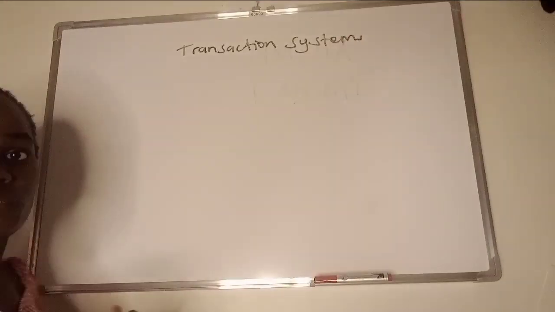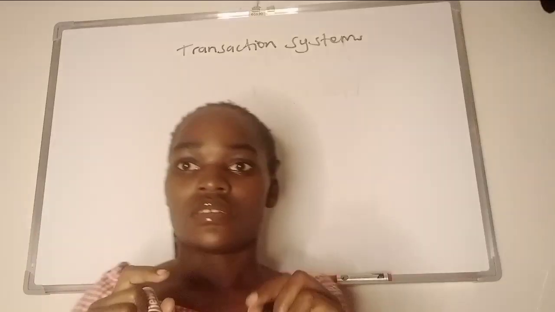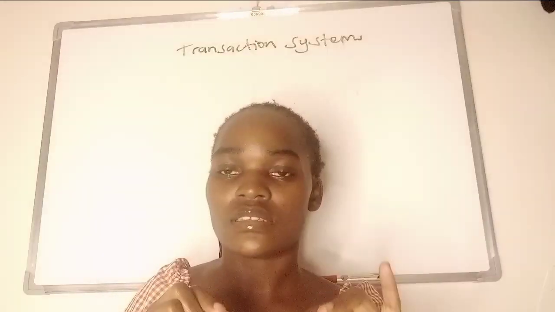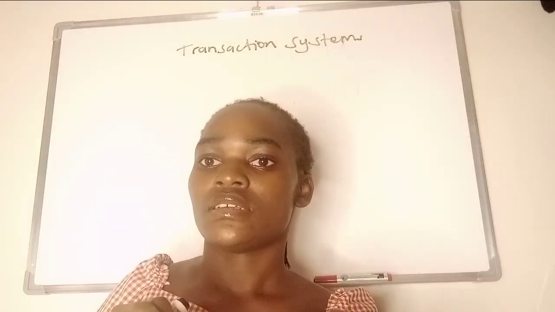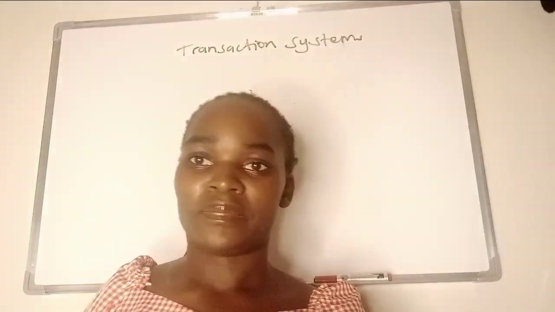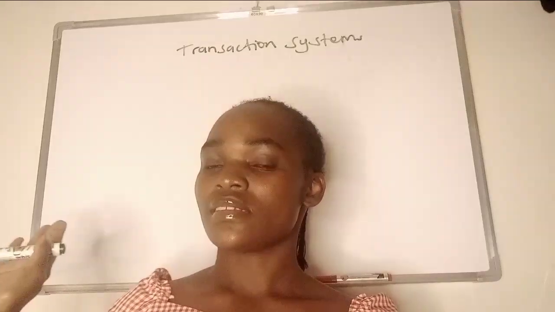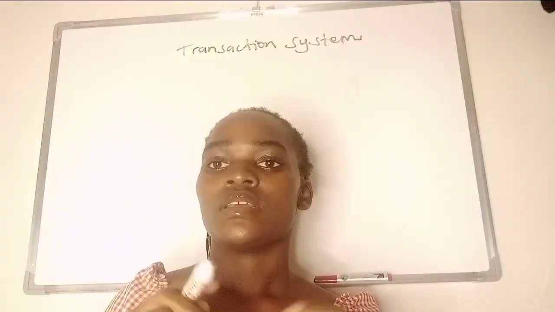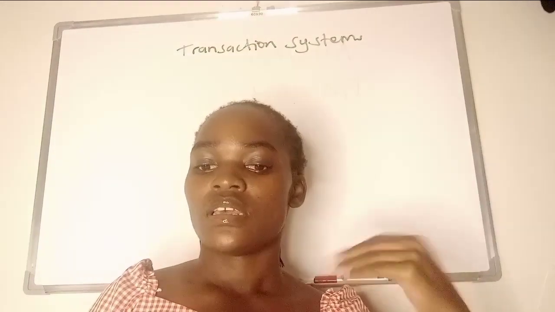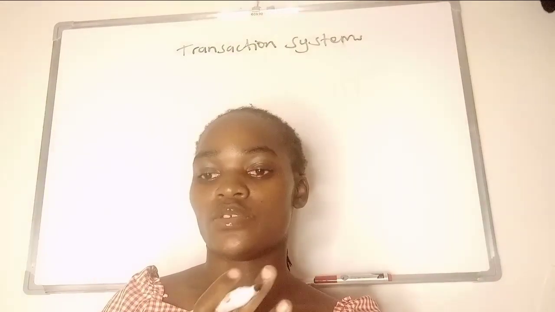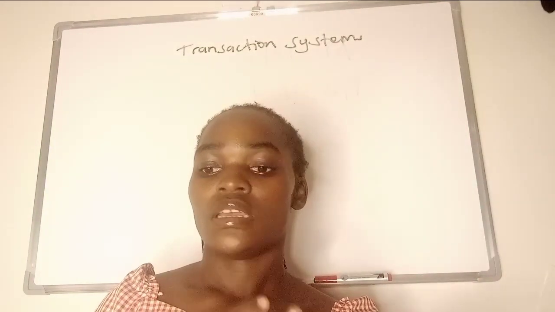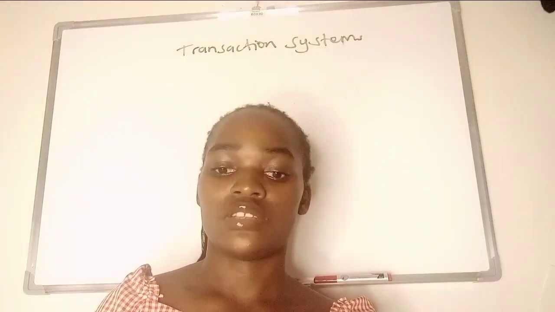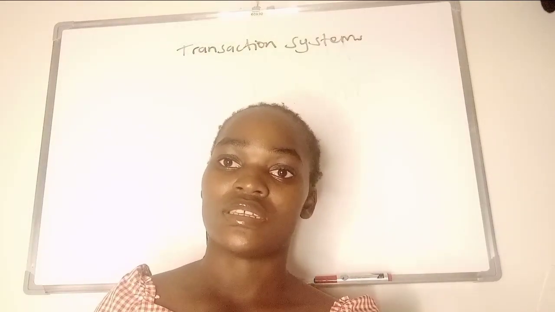The transaction systems. This is one of the sensitive parts in auditing. If you understand this, you'll be good. A transaction system, first of all, we shall start by defining it. It is a specific control that is used in processing business transactions.